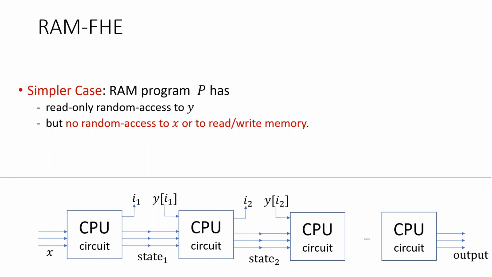That's the random access to Y. And then the cost, the running time of program P, is just proportional to the number of CPU steps we are using. And that's the computation without any encryption, without any security of program P. And Ayush asked a good question about the running time of P, and I'm just supposing it's like a worst case time here.